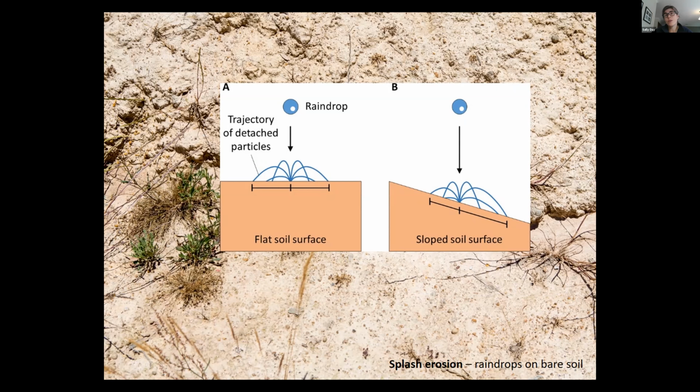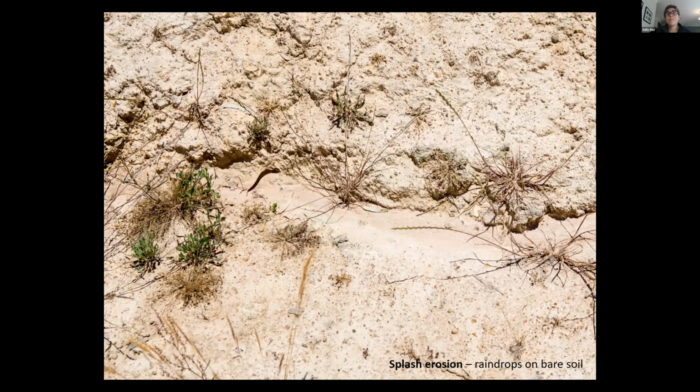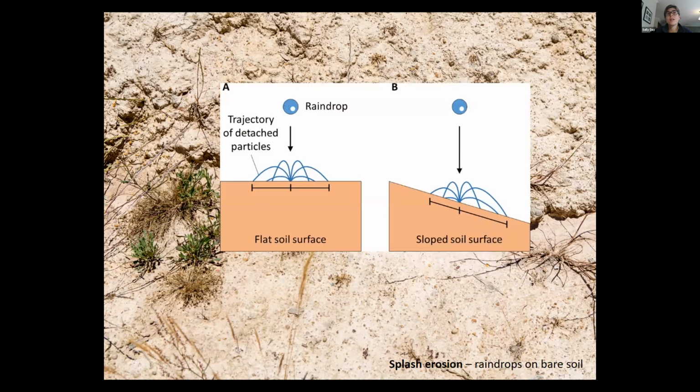On a sloping soil surface, as we can see here, as the rain hits, the action of gravity will carry particles down the slope and they'll be removed. Often you'll get these really fine sediments deposited in the bottoms of your channel or your little rill line, quite often on bare slopes like this. It's just the impact of rain splash.